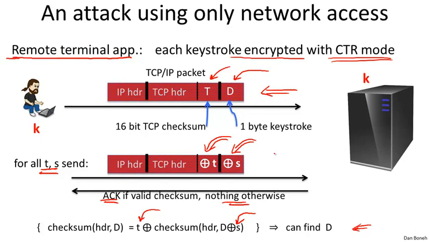The attacker basically submitted ciphertext of his choice that was derived from the ciphertext that he wanted to decrypt. And then by looking at how the server responded, he was able to learn something about the resulting plaintext. And by repeating this for many different values of T and S, he was eventually able to recover the actual full plaintext.